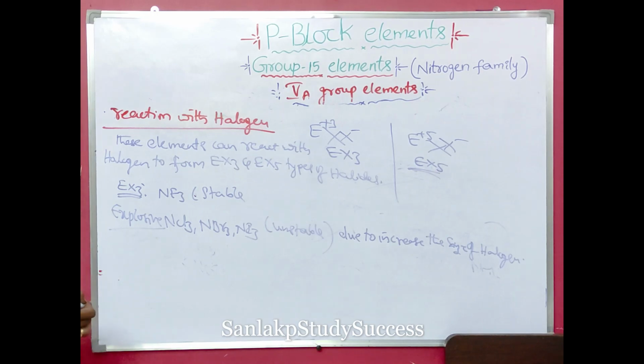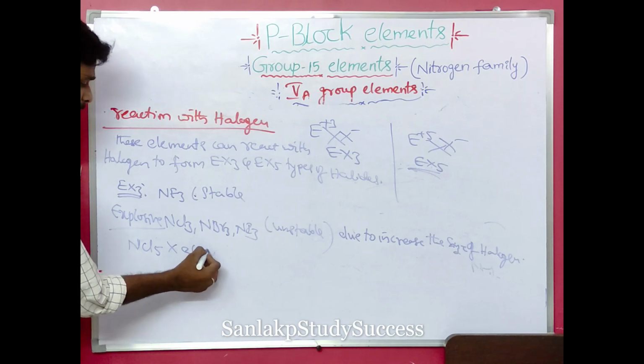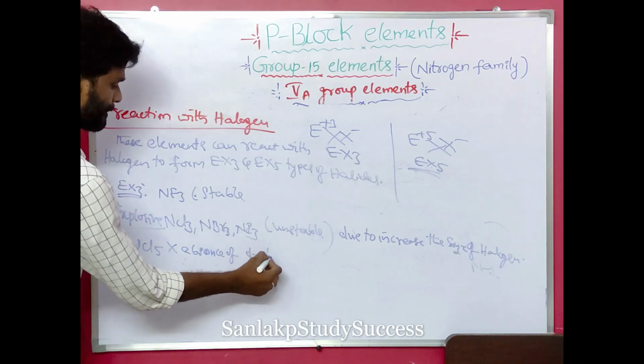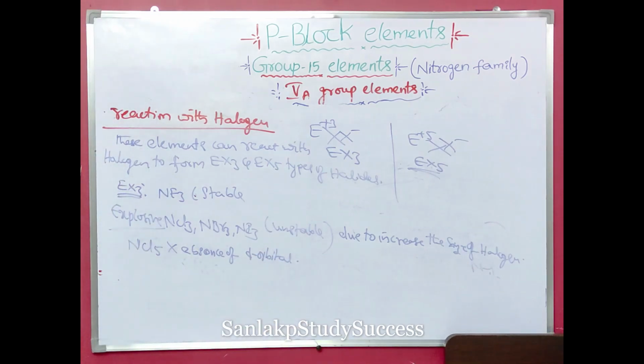Okay, next one: nitrogen cannot form EX5 type of halides, like NCl5, due to the absence of d orbitals.